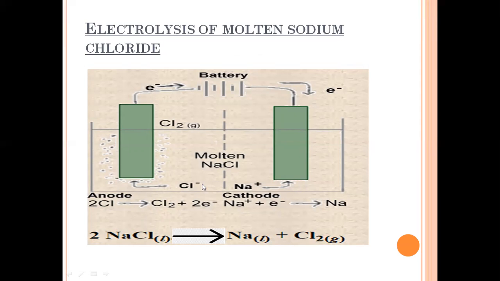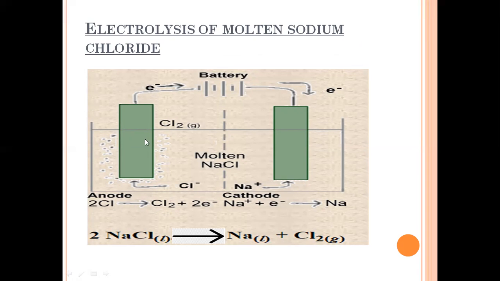Negative ions are attracted toward the anode, so chloride ions attract to the anode, give their electrons, and become an element. So here chlorine becomes a gas and evolves out from this electrolytic tank.